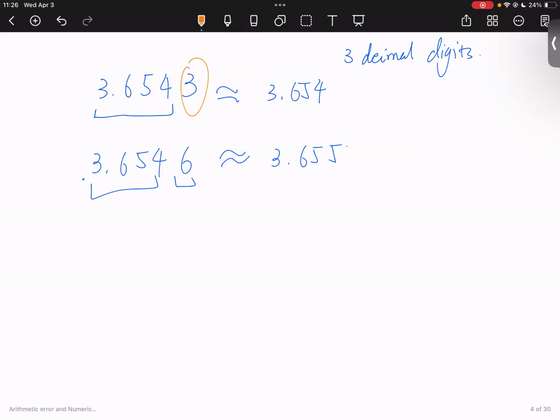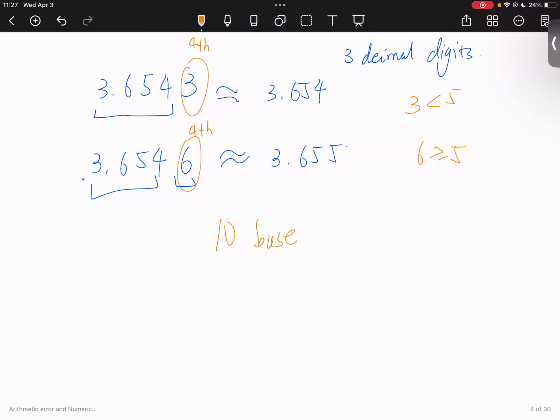We only want to keep 3 decimal digits, and it depends on the 4th digit. If the 4th digit is smaller than 5, we just chop it off. If the 4th digit is 6, which is bigger than or equal to 5, then we round up, which means we add 1 to the 3rd decimal digit. This is how we do it in base 10.